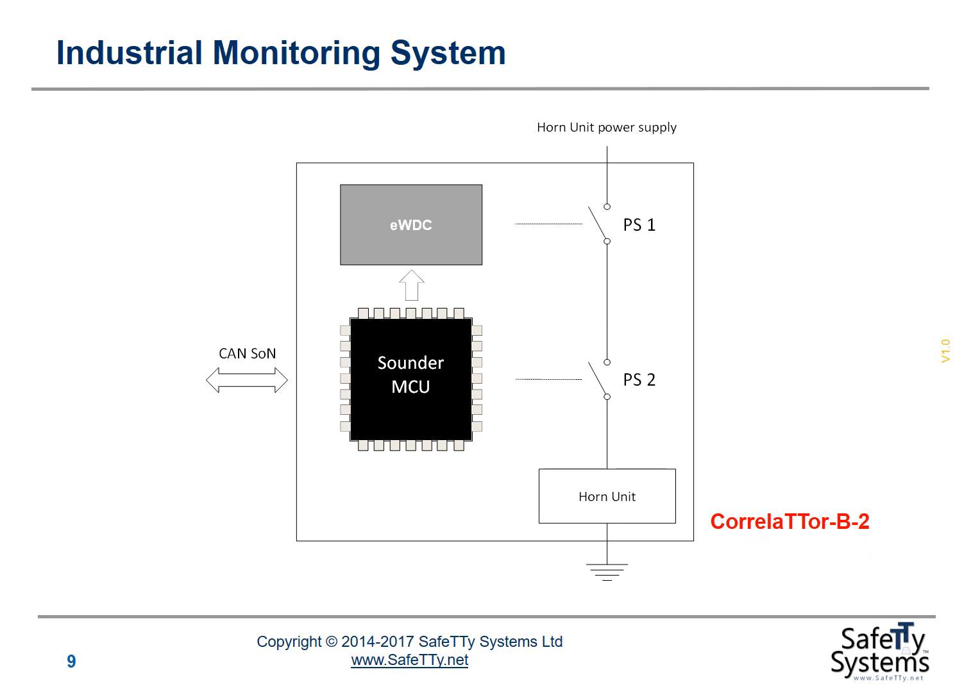This means that we add an additional external watchdog controller to the system and give that watchdog controller access to a second power switch. Only if both the EWDC and our main sounder MCU indicate that power should be supplied to the horn will that power be supplied. So we can be confident that through this hardware and software architecture we will be able to meet the needs of the application.